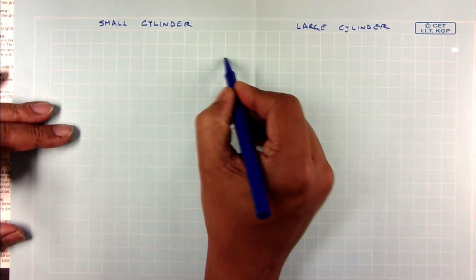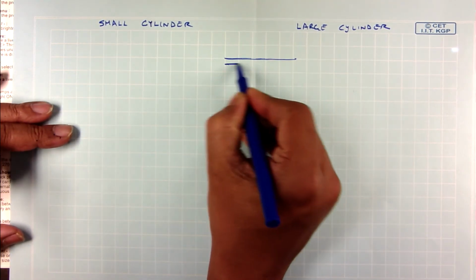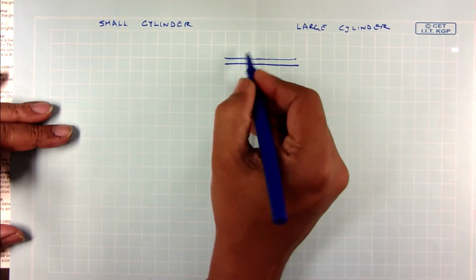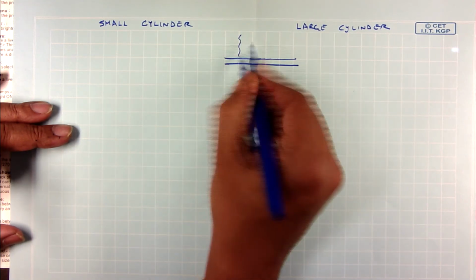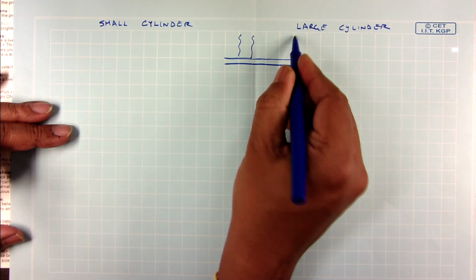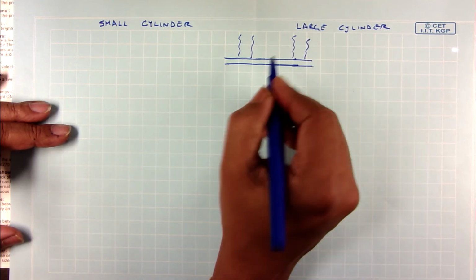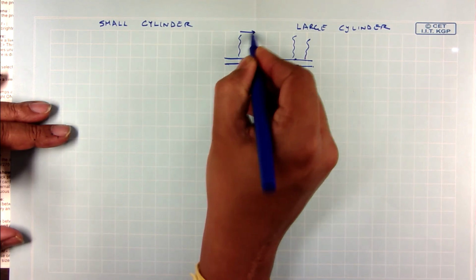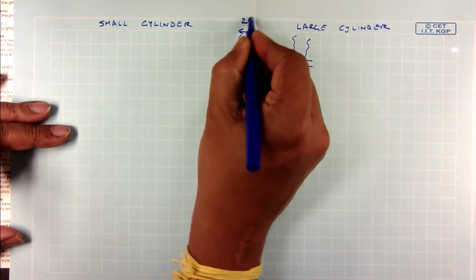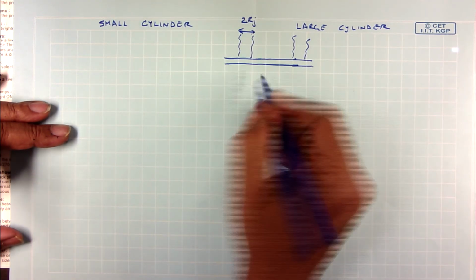So, the very basics of it is I have a cylindrical heater and I am going to form jets or columns of vapor, and the diameter of that jet is 2 times Rj. Okay.